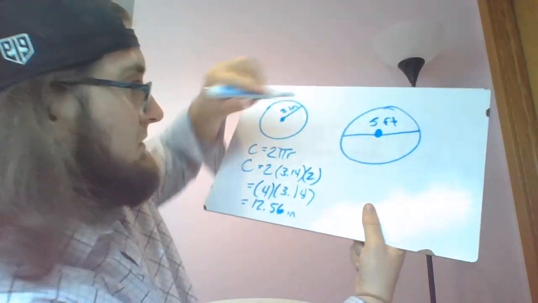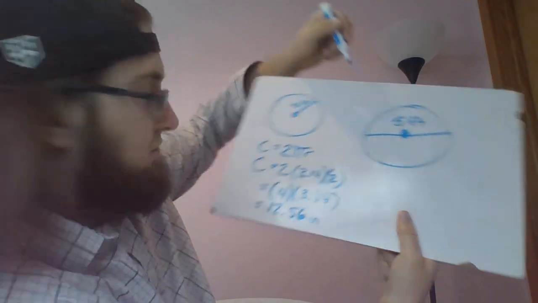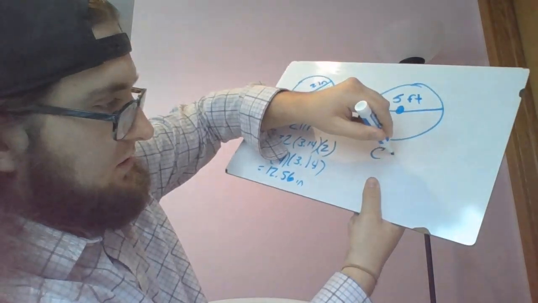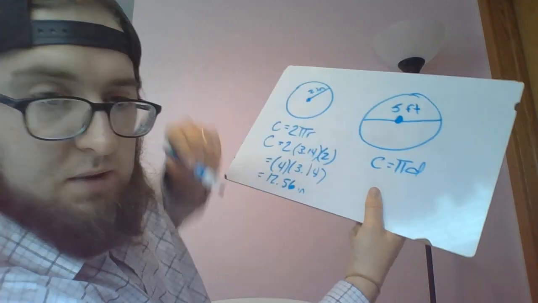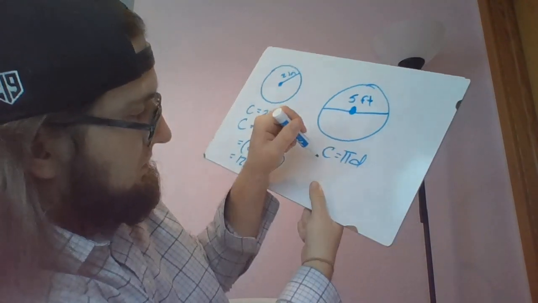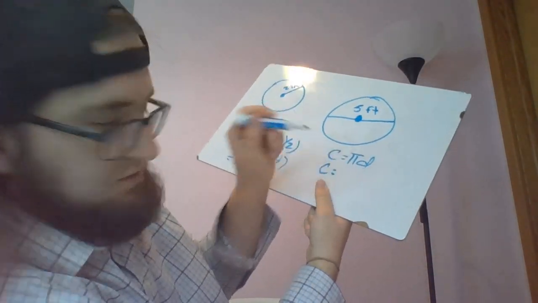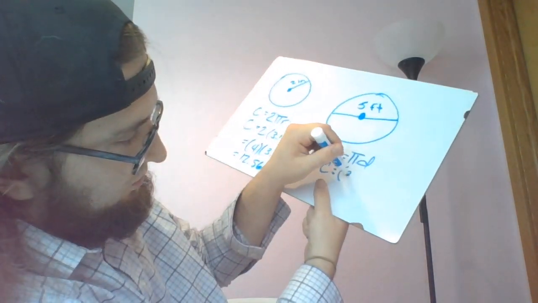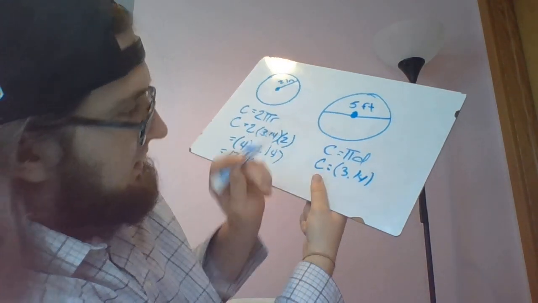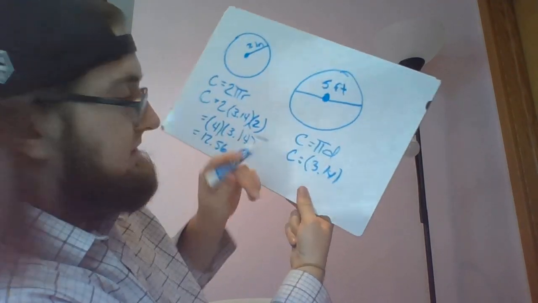Okay? And here we've got a diameter of 5. So what am I going to use? Circumference is equal to pi d. Pi times the diameter. So let's plug them in. Circumference is equal to, what's pi again? 3.14. Okay, good. 3.14. And then d, or diameter, is 5 in this case.